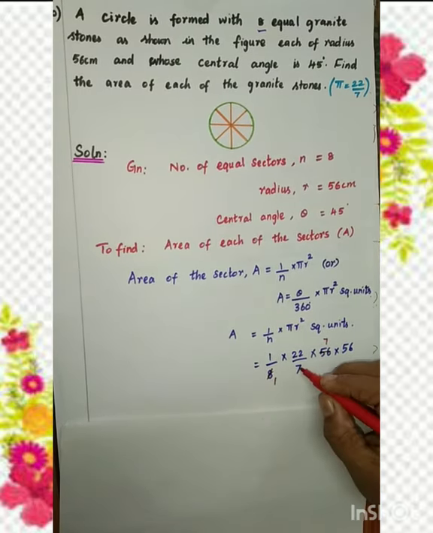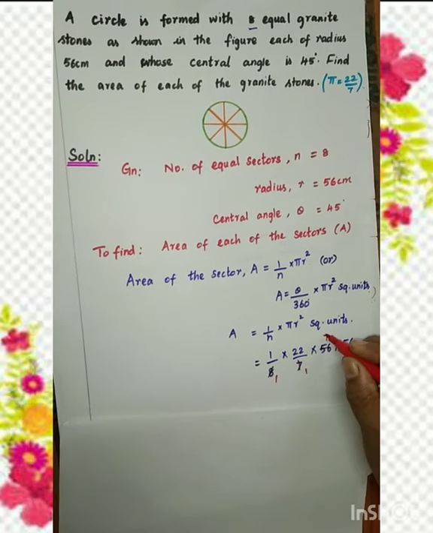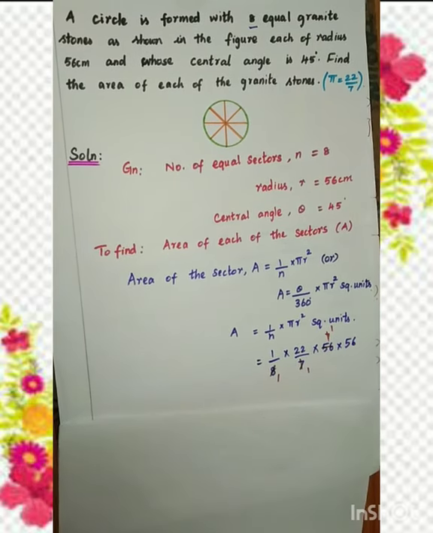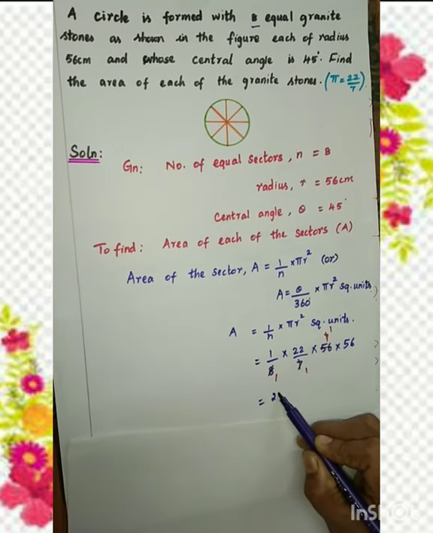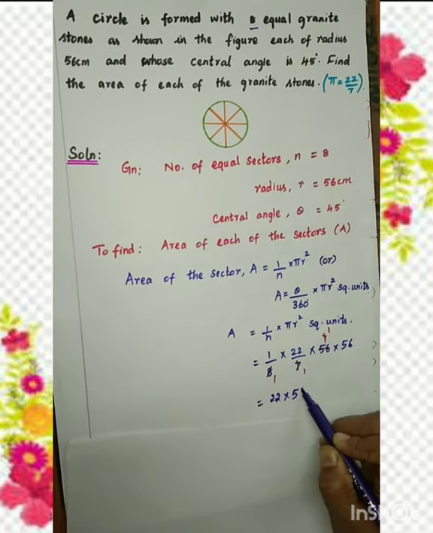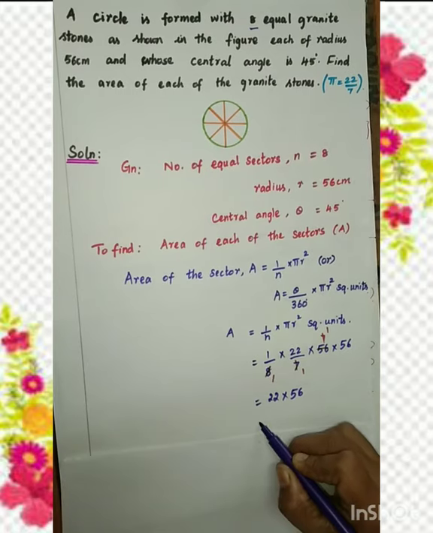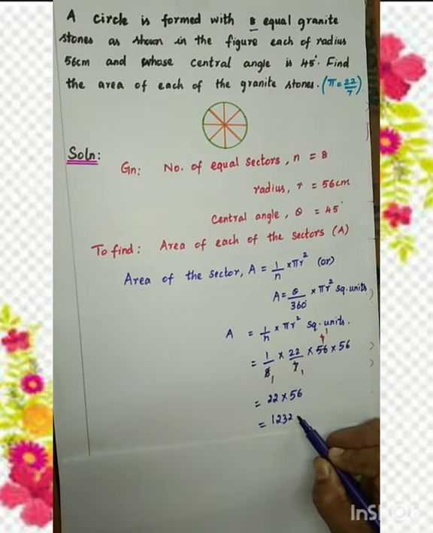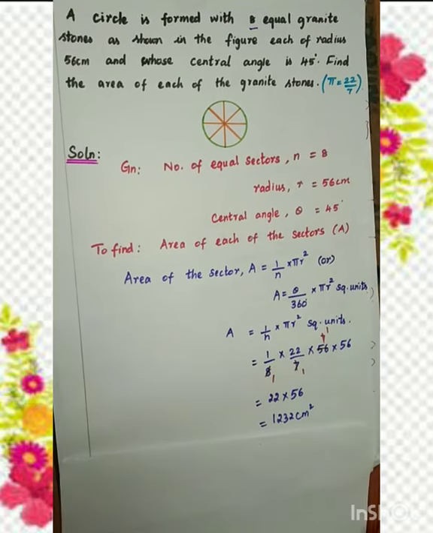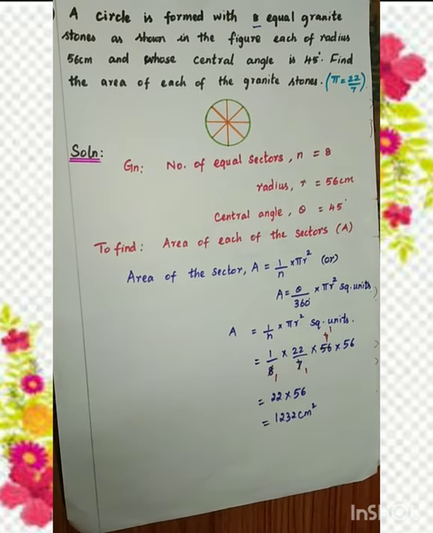Again we can cancel with the 7th table. 7 eights are 56 and 7 ones are 7. The remaining values, the numerator is 22 into 56. 22 into 56 is 1232 centimeter square.